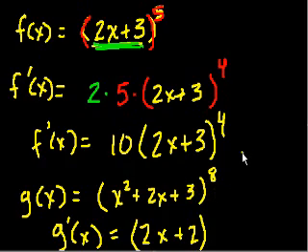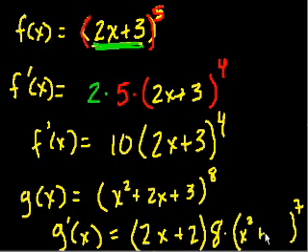So we know that the derivative of x to the 8th is 8x to the 7th, right? So it'll be 8 times something to the 7th. And that something is this entire expression here: 8 times x squared plus 2x plus 3. I hope I didn't confuse you too much, and you could simplify this more in any way, because it's 2x plus 2 times 8 times x squared plus 2x plus 3 to the 7th.